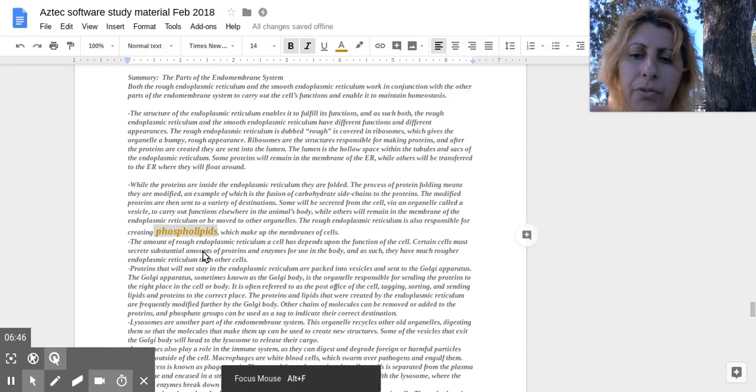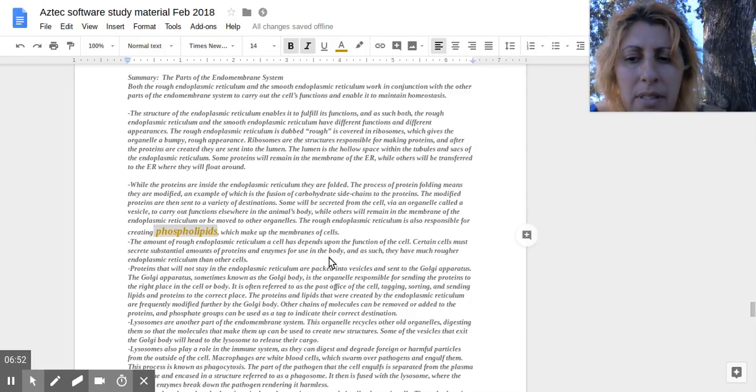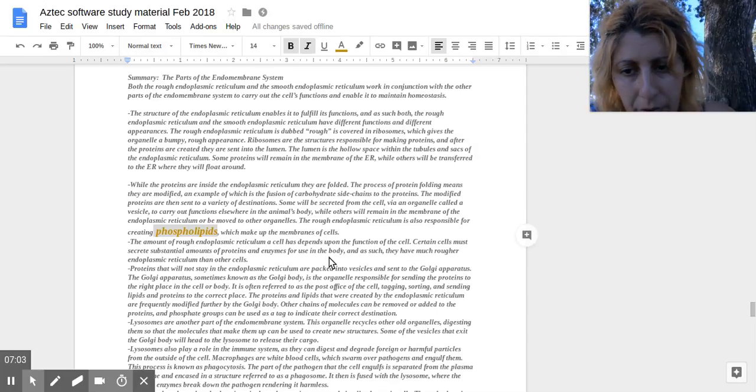The amount of rough endoplasmic reticulum a cell has depends upon the function of the cell. Certain cells must secrete substantial amounts of proteins and enzymes for use in the body. As such, they have a higher amount of rough ER than other cells.